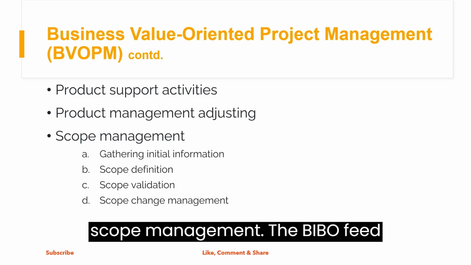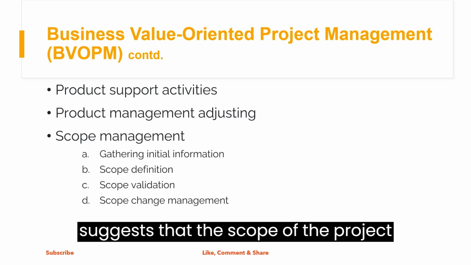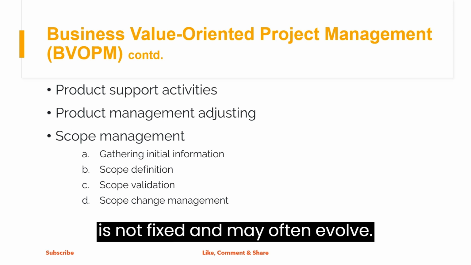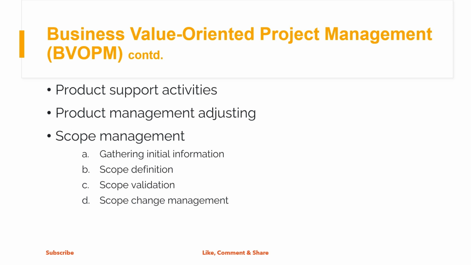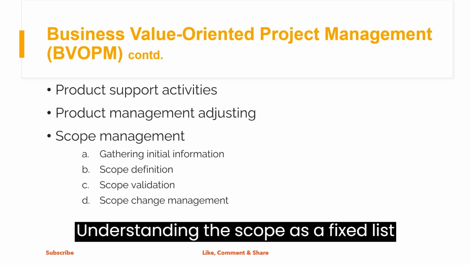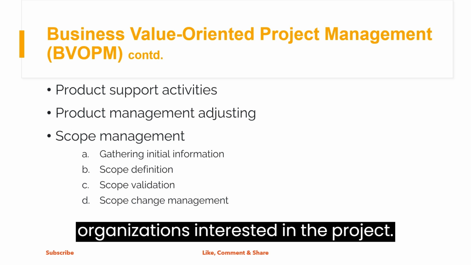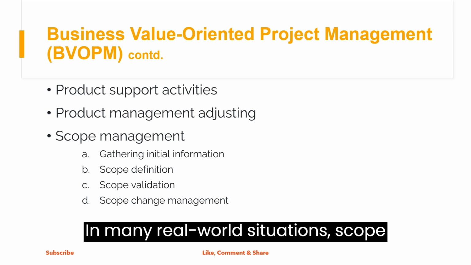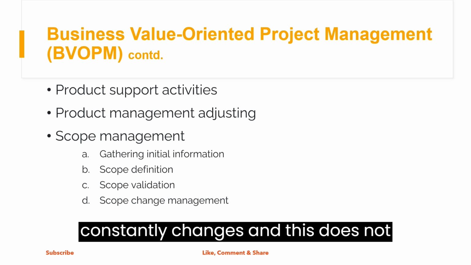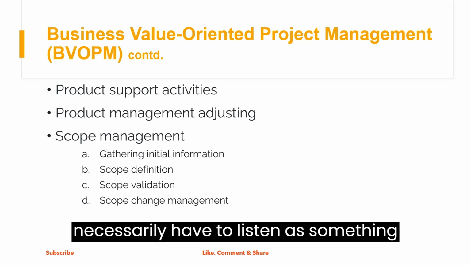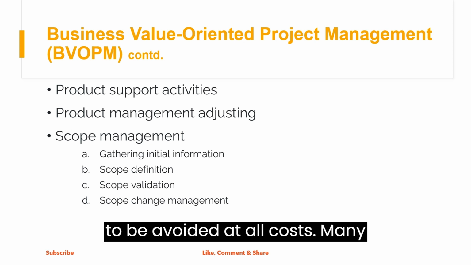Scope management. The BIVOP suggests that the scope of a project is not fixed and may often evolve. Understanding the scope as a fixed list of goals should not be the perception of organizations interested in the project. In many real-world situations, scope constantly changes, and this does not necessarily have to be seen as something to be avoided at all costs.